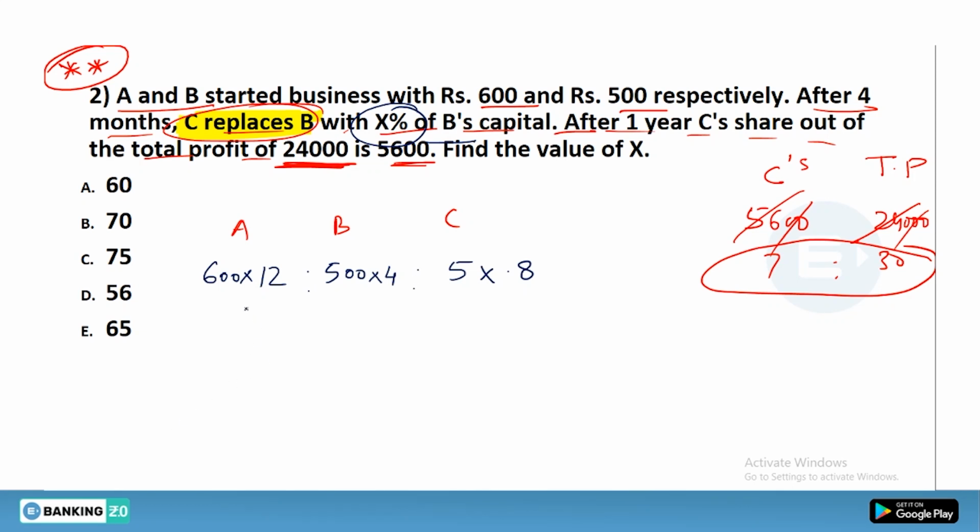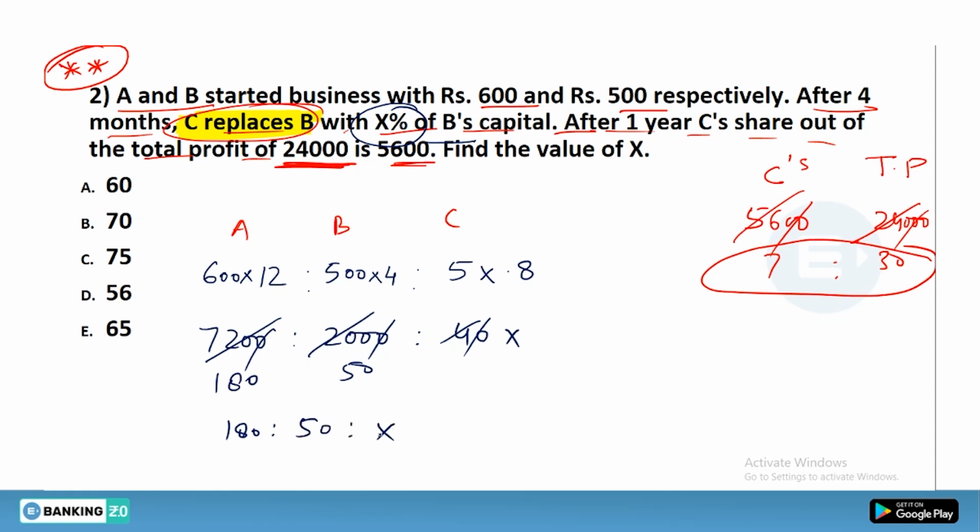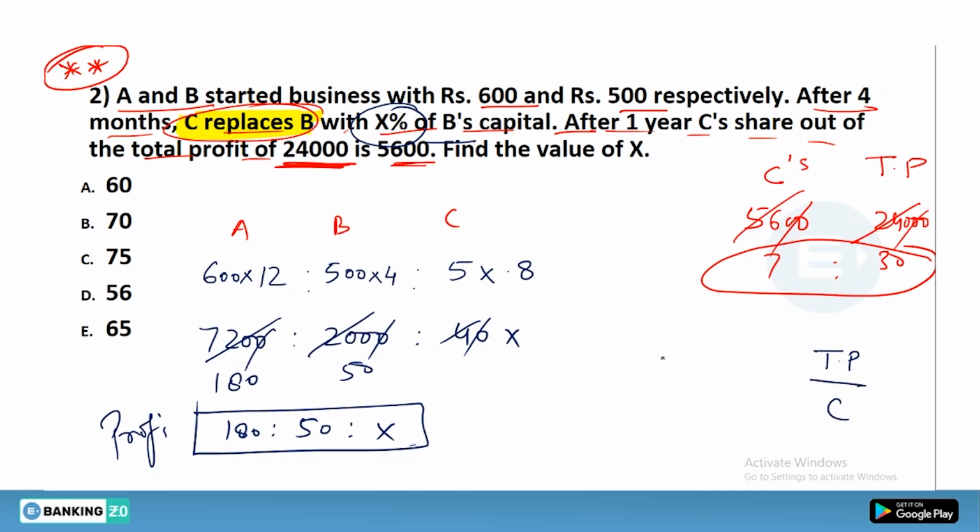Now first of all you get 7,200 and 2,000 and 40X. How can you solve this? Use this method, and 50 and 180. That means the ratio would become 180:50X. As you can see, this is nothing but a ratio of profit, and we have the total profit's ratio over C's profit.